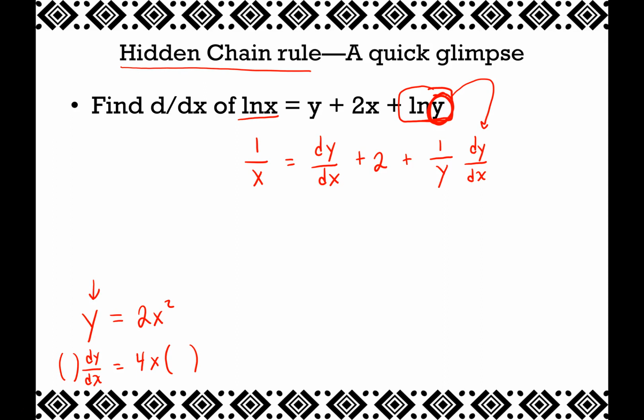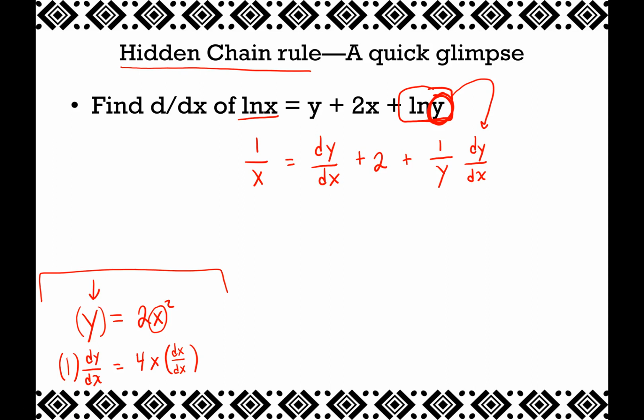All right, so let's go back to this problem right here. What do you think is missing? If I take the derivative of y, I get dy dx. But if you take the derivative of the inside function, what's the derivative of y? Well, that would be 1. Similarly, what's the derivative of 2x squared? Well, that's 4x. But then what's the derivative of our inside function? Well, that's dx dx, which is equal to 1.